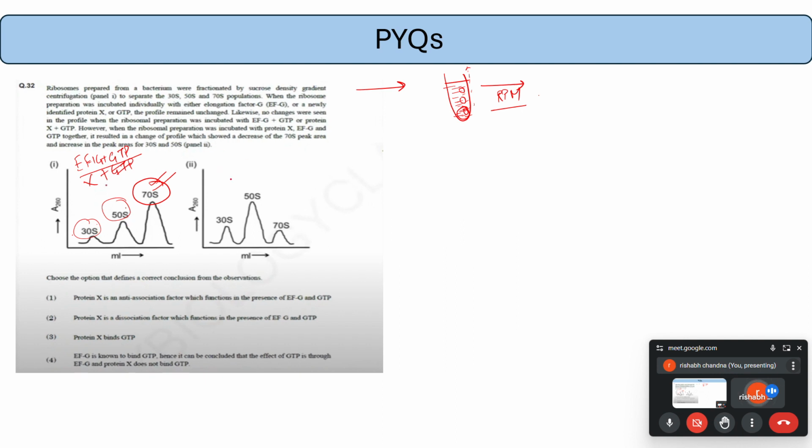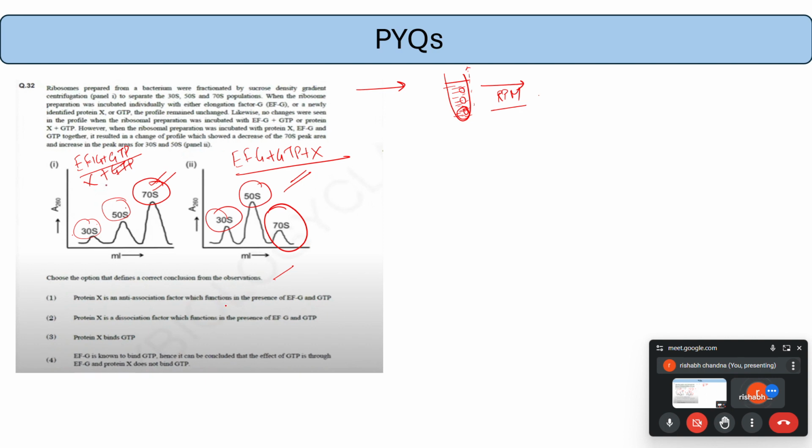Now, when this fraction is incubated with all three, EFG, GTP plus protein X, what happened? The 70S peak was reduced as compared to the 50S and 30S peaks. This was panel 2. So choose the option that defines the correct conclusion from the observation.